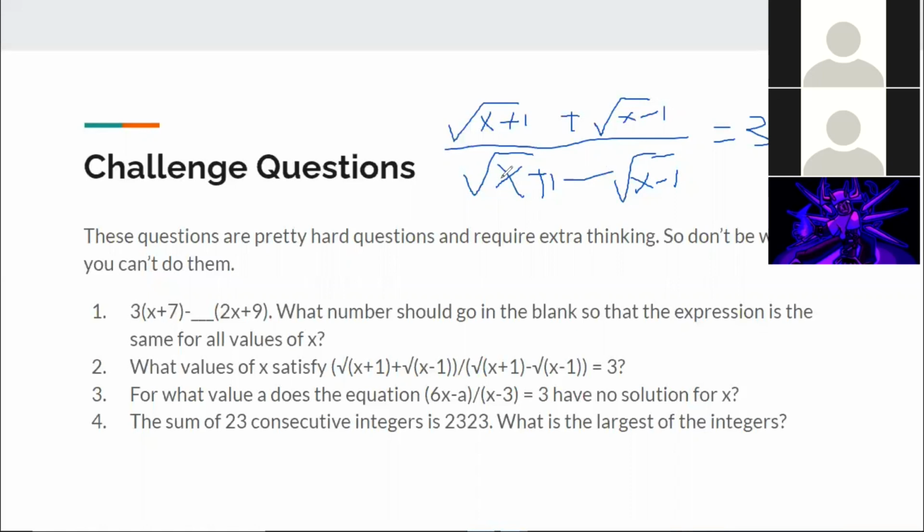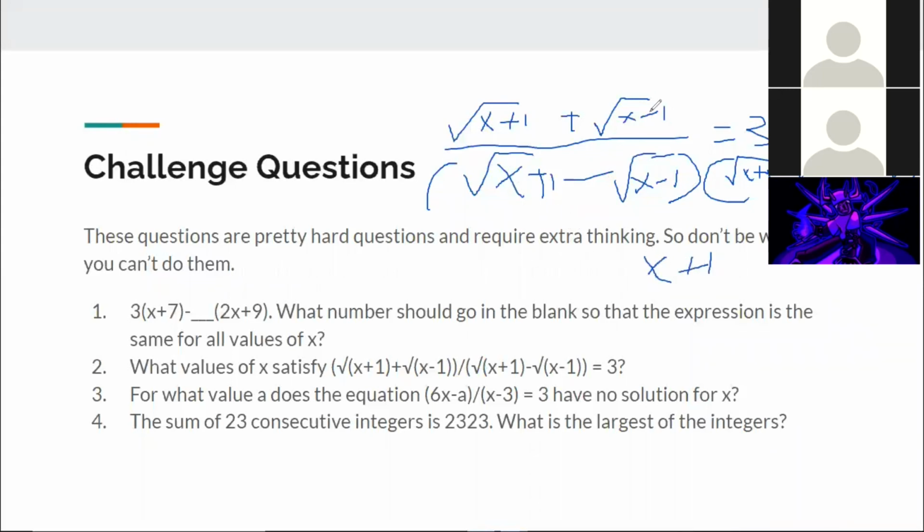This is something you'll probably see on AMC 10, AMC 8 a lot. Basically you multiply this by root x plus 1 plus root x minus 1. And if you multiply something to the denominator, you have to multiply to the top. So you multiply the same thing to the top.